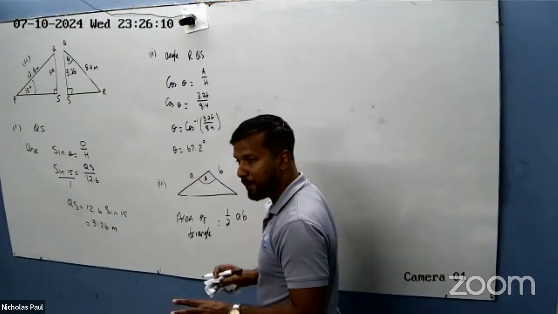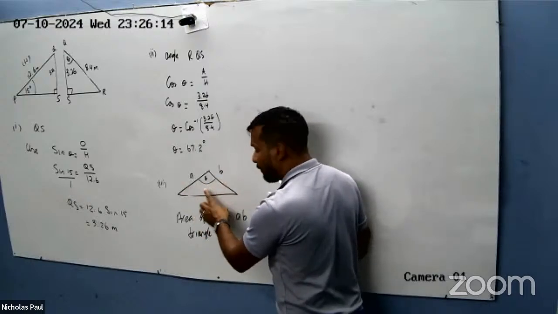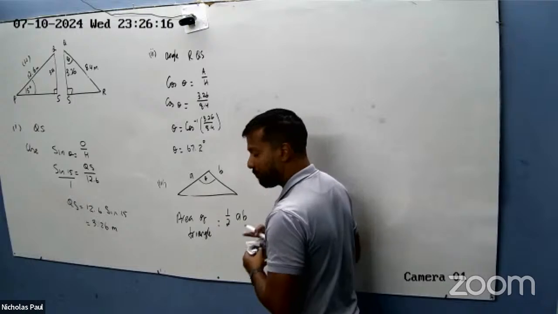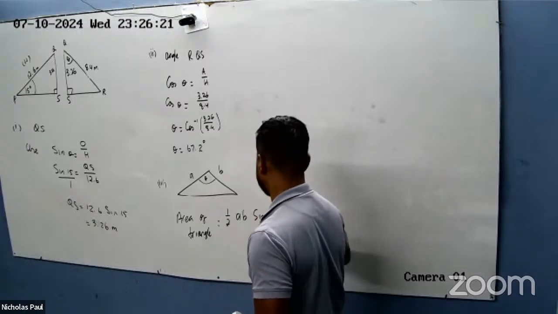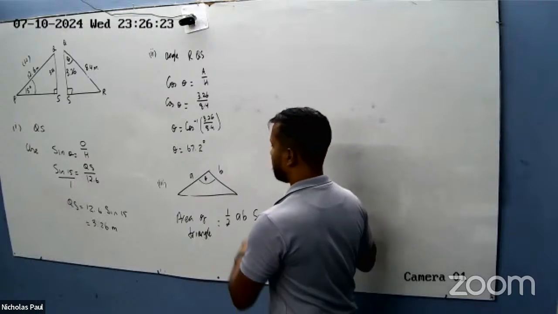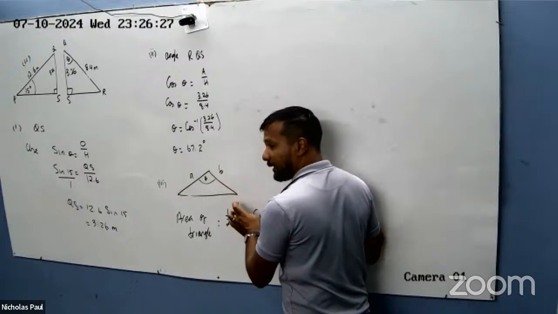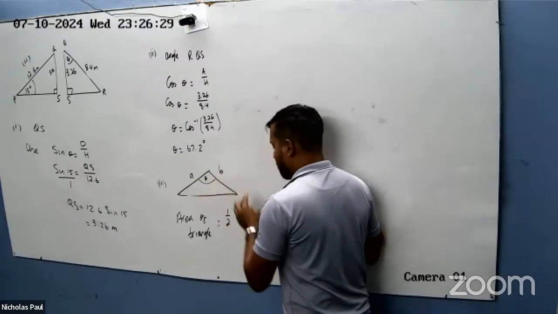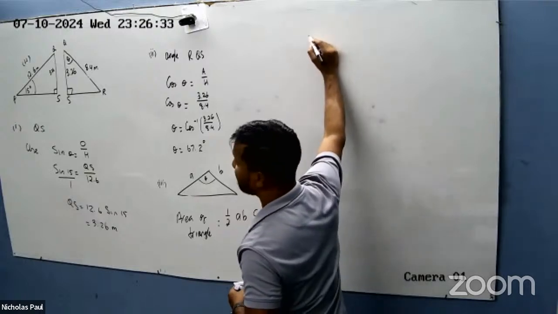Look at what a and b are: a and b are the lengths that make this angle. So it's half ab sine theta. If we have these two lengths and the angle in the middle, we could use this formula to find the area.